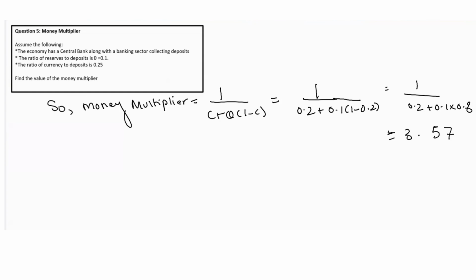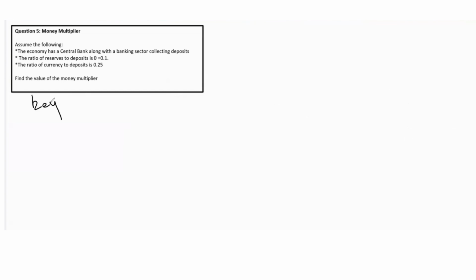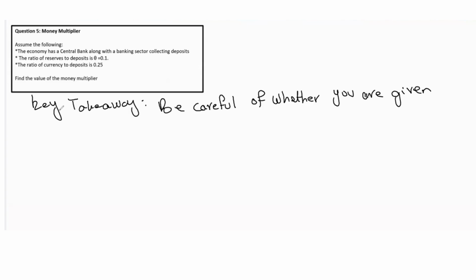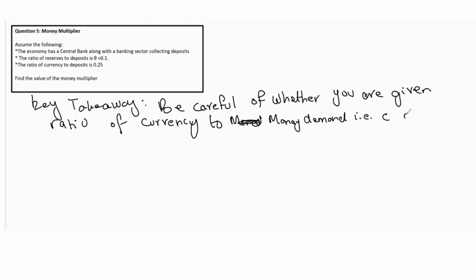So what was the key takeaway in this question? The key takeaway is to be careful whether you are given the ratio of currency to money demand, which is what c represents, or the ratio of currency to deposits, in which case you need to find c yourself first, like we did in this question.